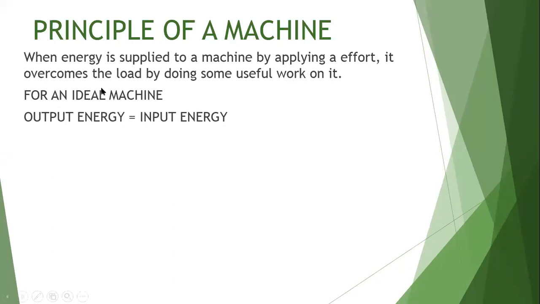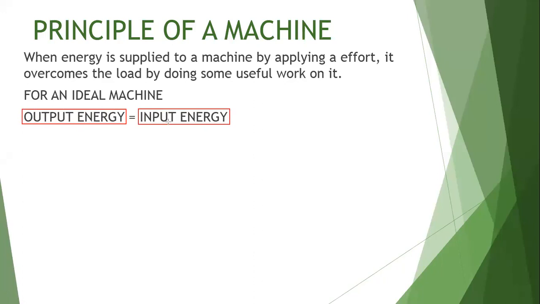An ideal machine is a machine in which you will always find that the output energy is the same as the input energy. Exactly. What you will find in an ideal machine, your output energy will be exactly the same as the input energy. Means what? Assume I supply 200 joule of energy. How much is the work done on the machine? 200 joule. So how much is the work done by the machine?